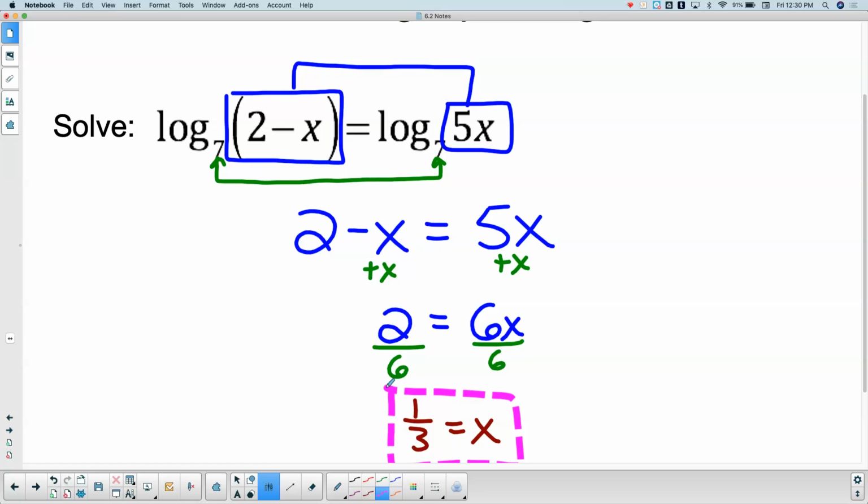One-third equals x. Check it back. 2 minus 1/3 is 5/3. 5 times 1/3 is 5/3. Log base 7 of 5/3 is equal to log base 7 of 5/3.